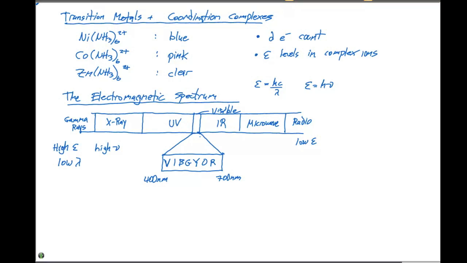Keep all of this electromagnetic radiation in the back of your mind, because we're going to use different parts of this electromagnetic spectrum depending on our goal. If we want to excite core electrons that are really close to the nucleus to a really high level, we're going to need some potent radiation.